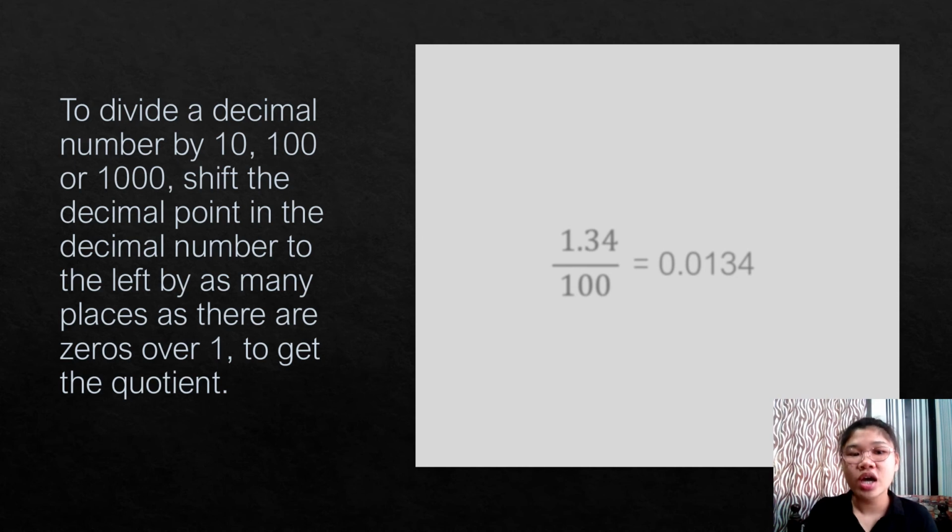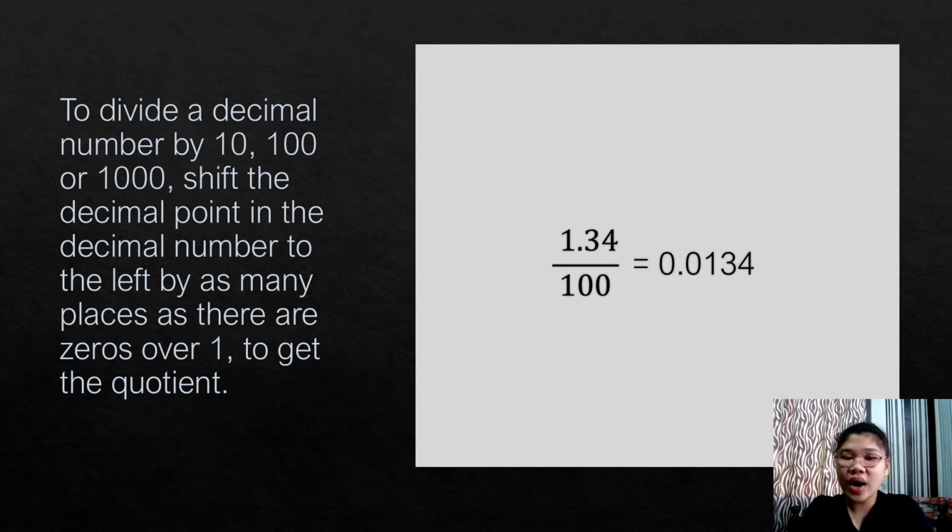I've introduced earlier the multiplication by tens, hundreds, and thousands. Now we have to divide the decimal number by 10, hundreds, thousands. Shift the decimal point in the decimal number to the left by as many places as there are zeros over 1 to get the quotient. So, for example, we have here 1.34 divided by 100. 100 contains 2 zeros, meaning you have to move the decimal point that is between 1 and 3 to the left by 2.